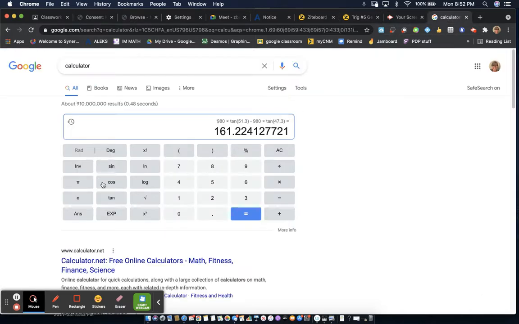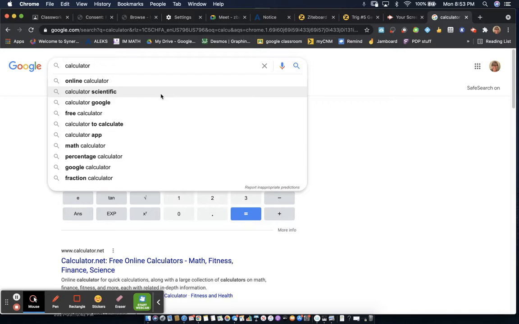It looks like this. It's not here. Let's see if I can. Do we have a second? On this calculator, I don't see it. But I would think there would be a second button. Let's see if I can do trig.